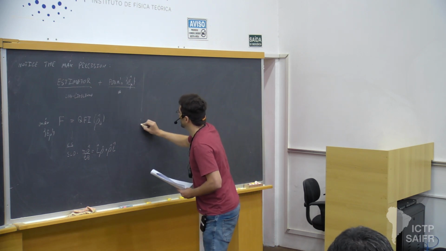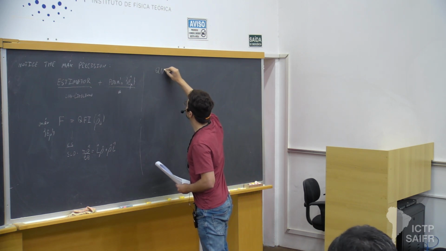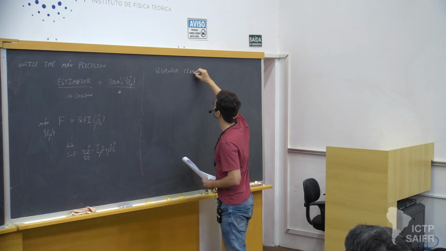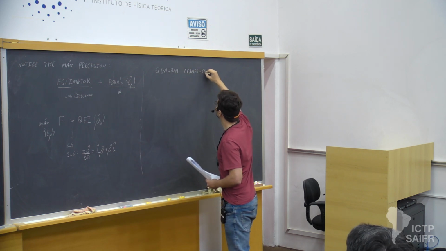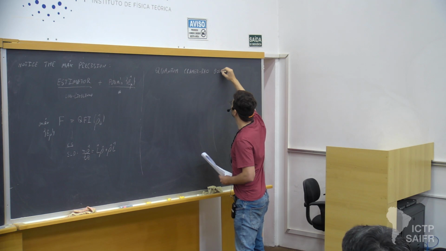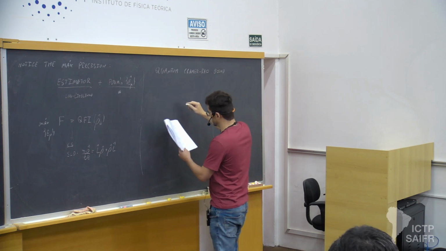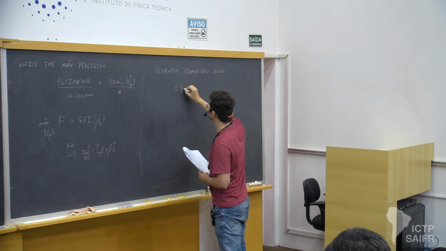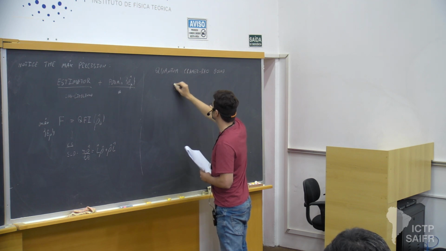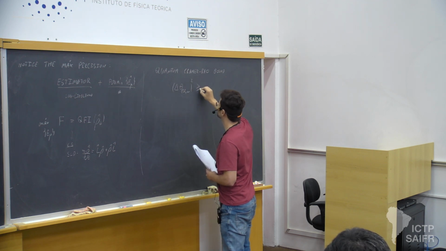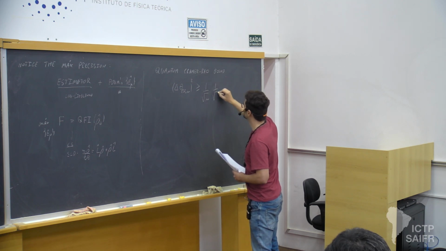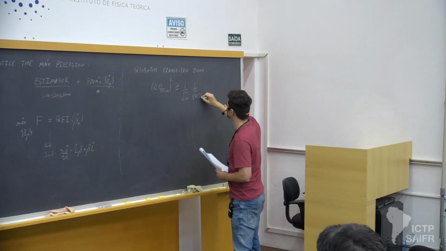But essentially now we have the quantum Cramer-Rao bound that gives us the best precision, where the uncertainty of theta estimated times the square root of m measurements is always larger or equal to 1 over the square root of the quantum Fisher information for your density matrix.